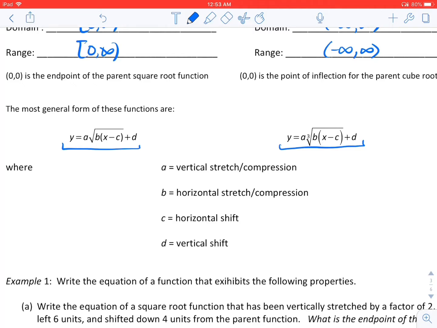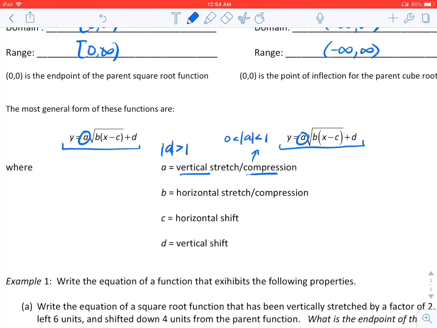I'll remind you that the a value, the value right outside the radical, tells you one of two things. Whether or not the function is being vertically stretched or compressed, and it's stretched if the absolute value of that a value is larger than 1, and it's compressed if the absolute value of a is between 0 and 1, or another way of saying that is a fraction between 0 and 1.